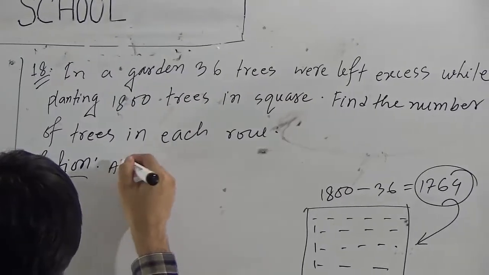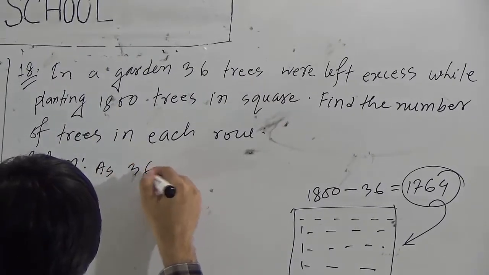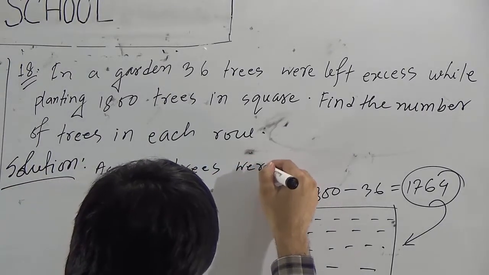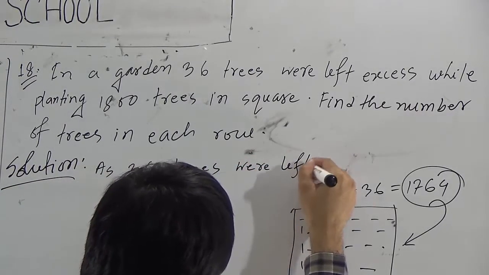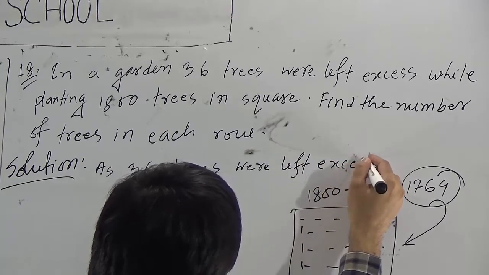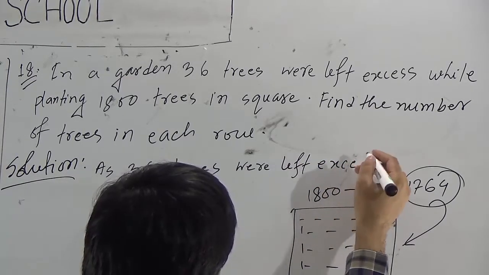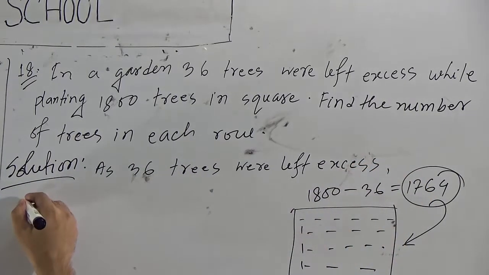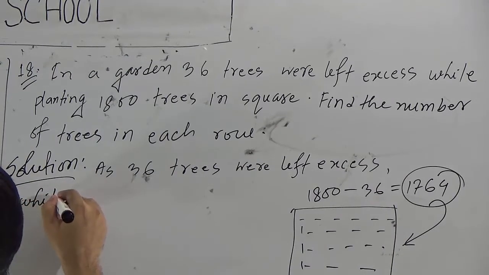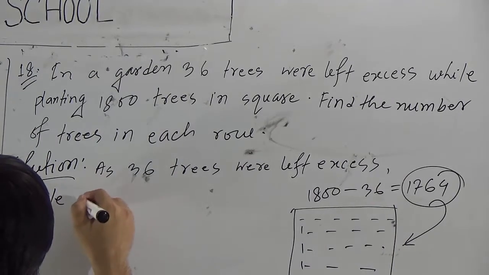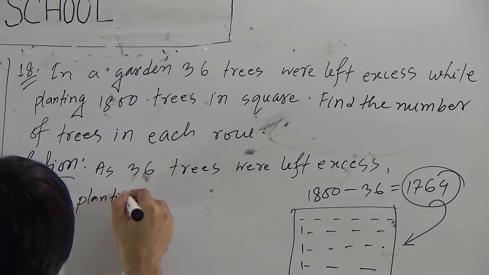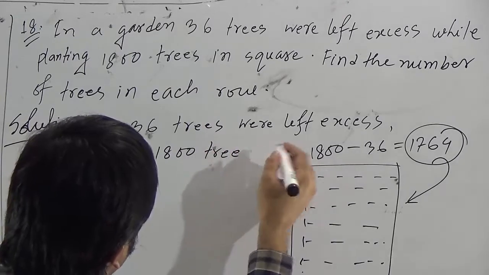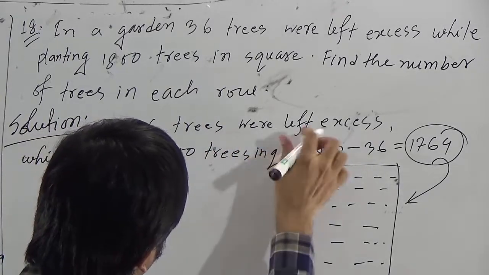As 36 trees were left in excess while planting 1800 trees in a square.